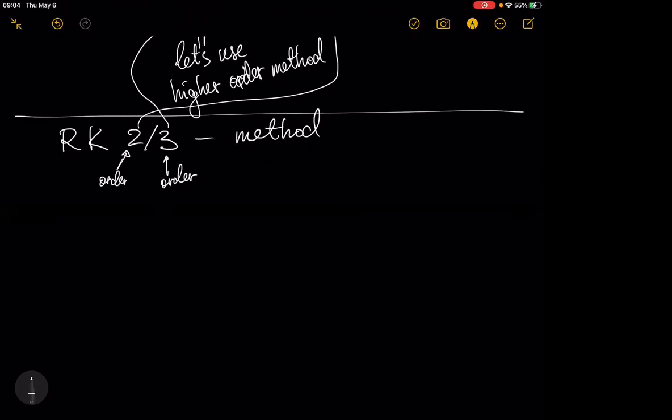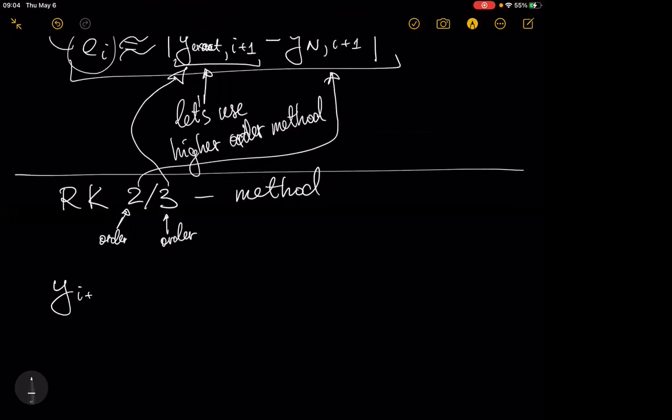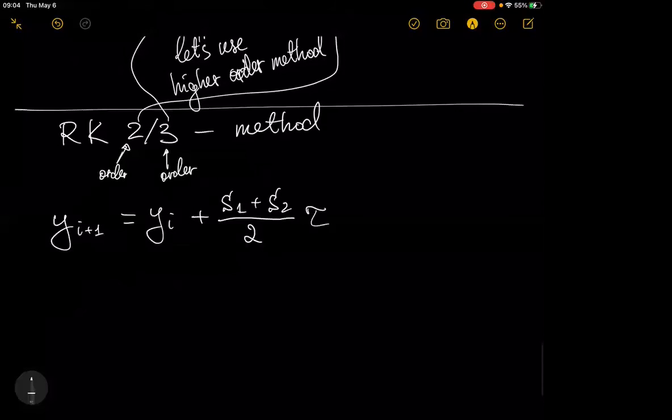The order 2 method is the following: y i plus 1, the next step, is equal to y i, the i-th step, plus S1 plus S2, multiplied by tau. So have a look a little bit higher, we derived that. Where S1, remember, this is just the trapezoid, so this is 1, this is 2.